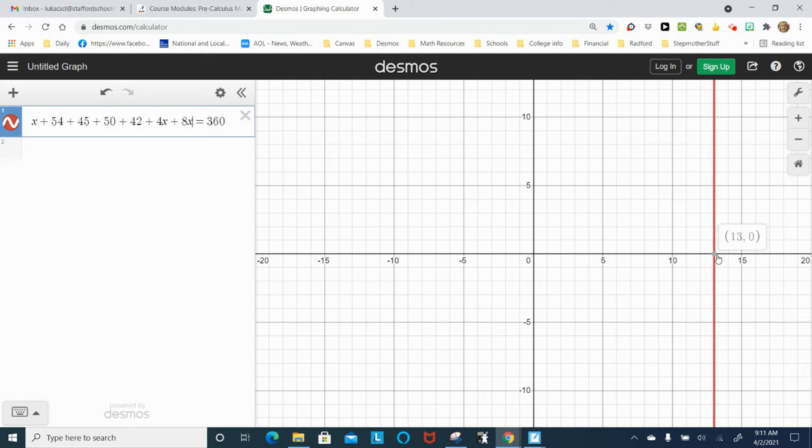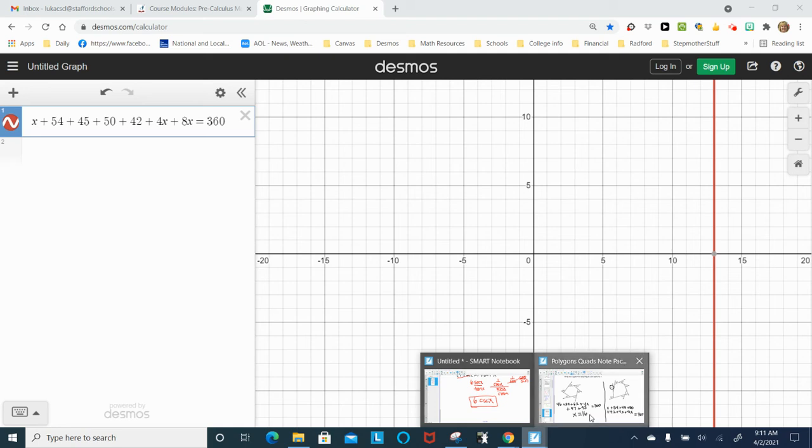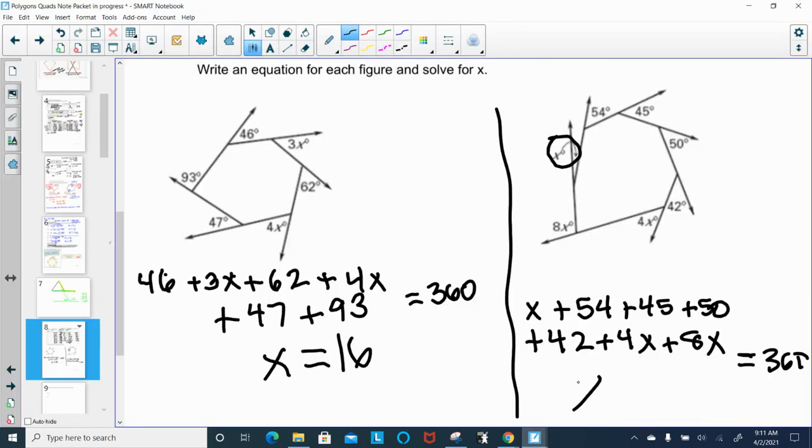So really the process here didn't change for exterior angles. It just got simpler. We didn't have to do the n minus 2 times 180. We just had to set up all of the parts, adding up all the parts, and equal to the whole, just like we've been doing since the beginning of the school year when we had parts and a whole.